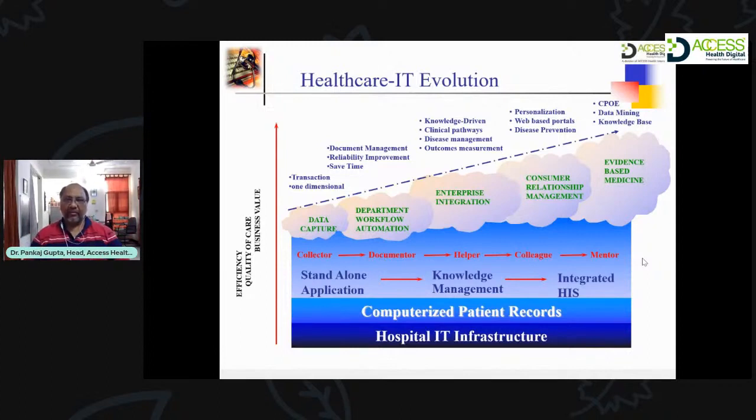It is almost like looking over the shoulder of the doctor and making suggestions as a mentor, as a friend, or somebody who knows a lot of data, which is hard for any human to keep in his or her head.